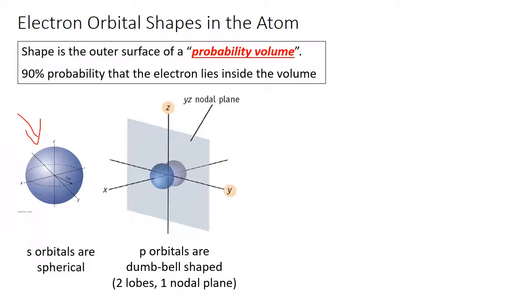All we know is that the probability is 50-50 of the electron being in one lobe or the other, but we don't know more than that. There's no easy way to understand, in terms of the behavior of a particle or a BB or a marble, how the electron gets from one side to the other. It's just not a question we can possibly answer.